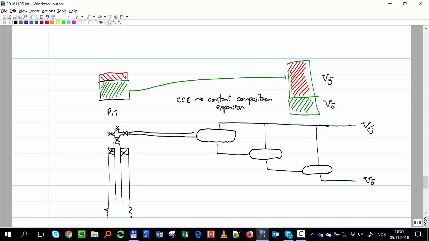Now I ask you, are these two in equilibrium? No, right? If I mix them, they're going to reach that composition, but they will reach different amounts of oil and gas. Because here they are in equilibrium, and I separated them, but after that point they're not in equilibrium anymore. They are only in equilibrium here.